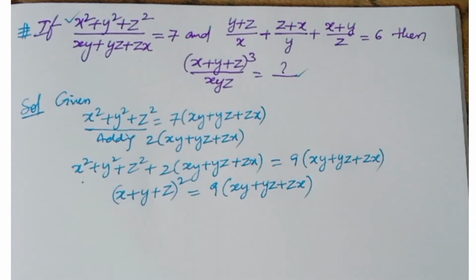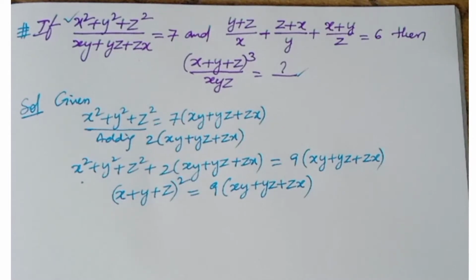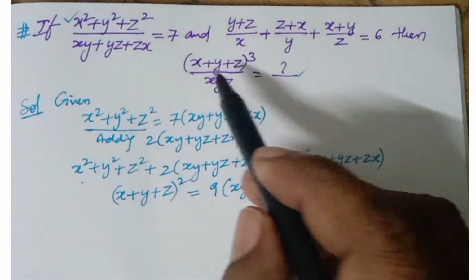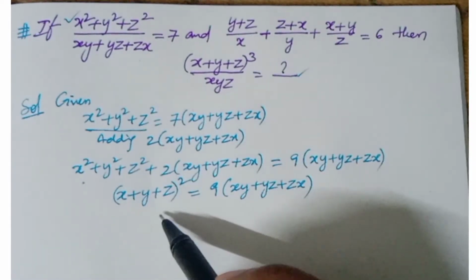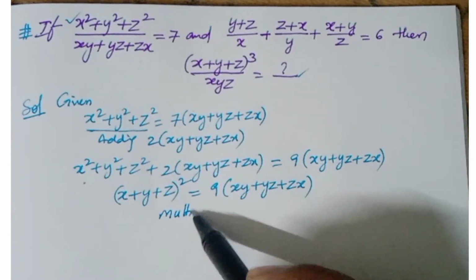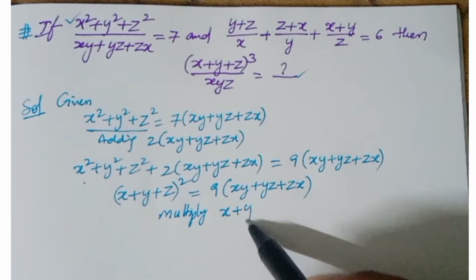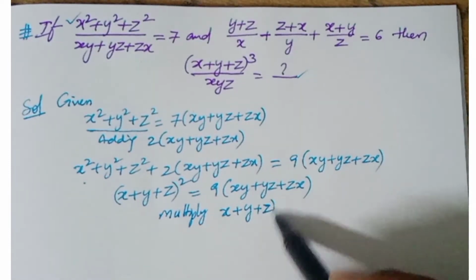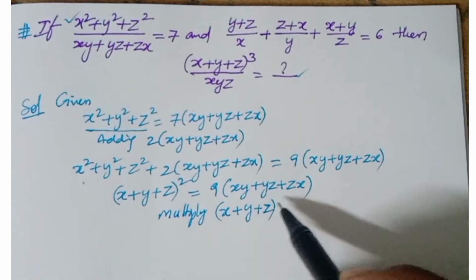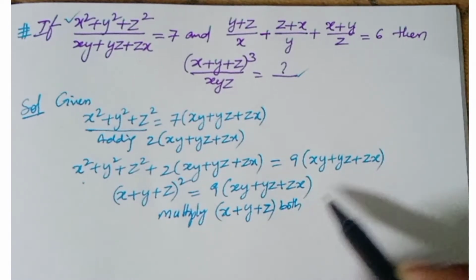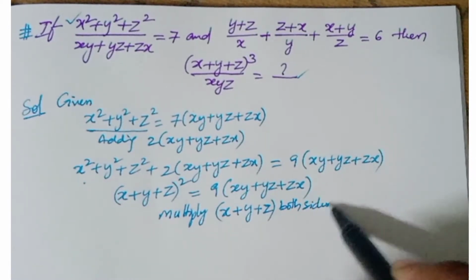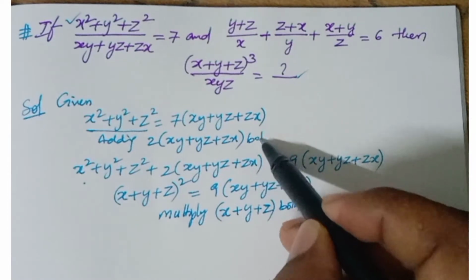Now here we want (x + y + z)³, so multiply both sides with (x + y + z).